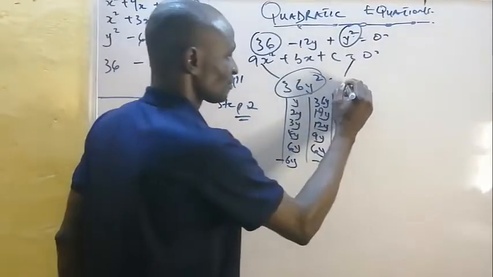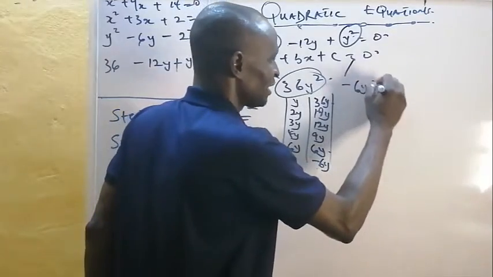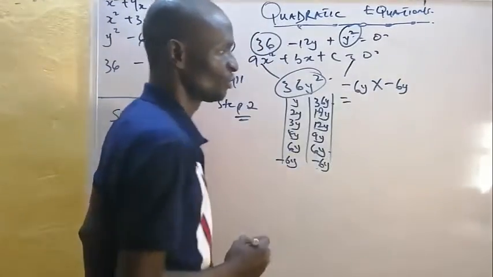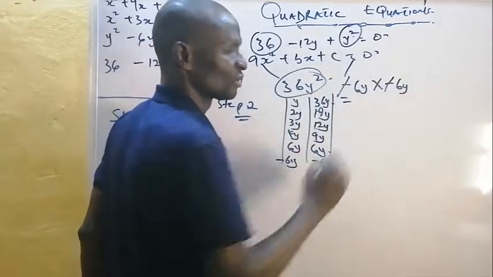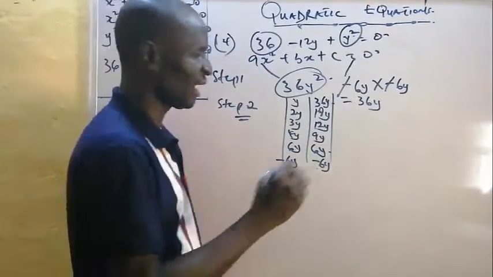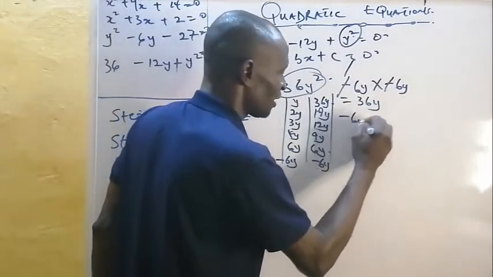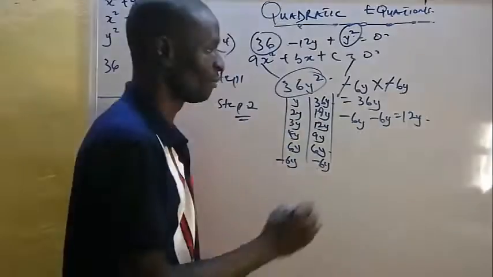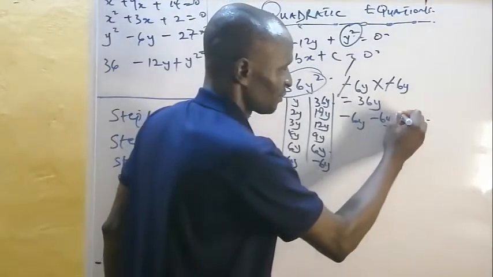That is, minus 6y times minus 6y is equal to, minus cancelling minus becomes positive, 36y squared. At the same time, minus 6y minus 6y becomes minus 12y.